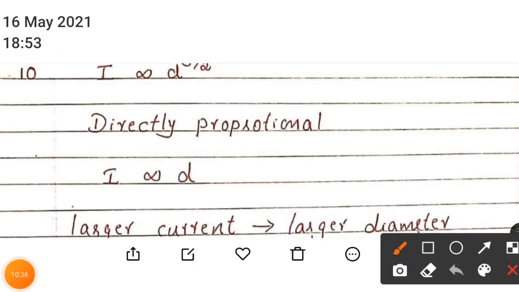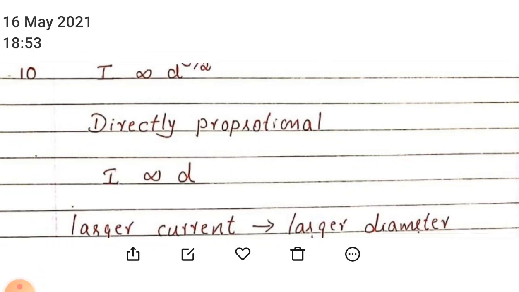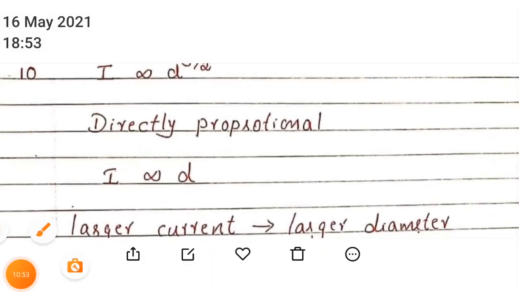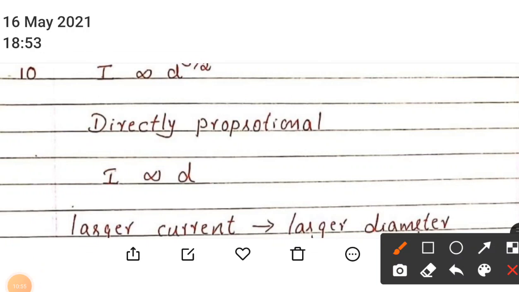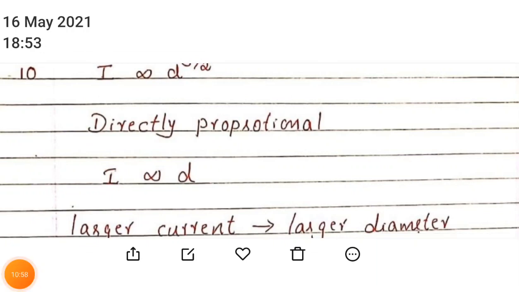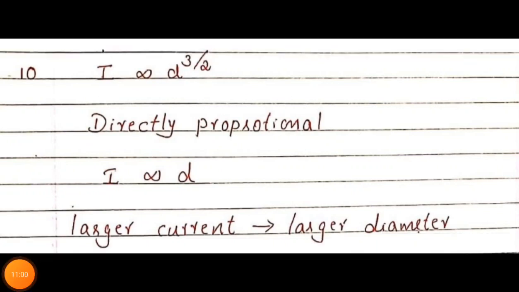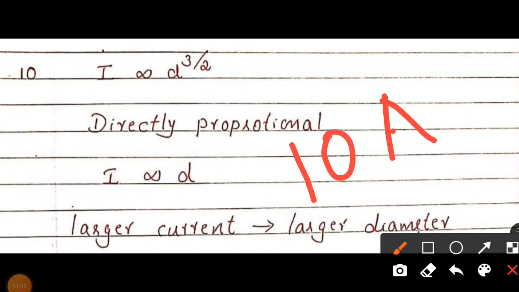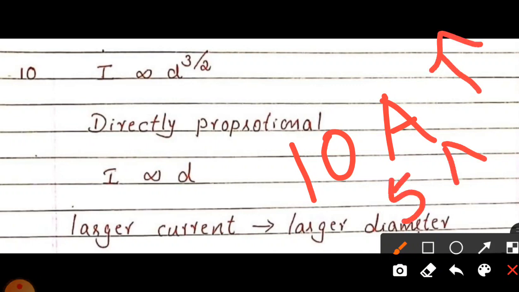Here there is a relation I proportional to d raised to 3 by 2. So the proportionality is direct, so larger current, larger diameter. So here 10 ampere having larger diameter and 5 ampere having smaller diameter.